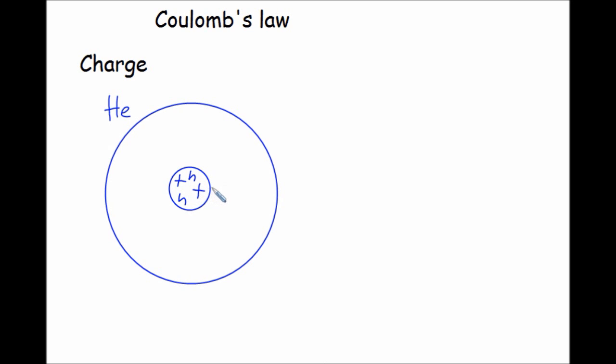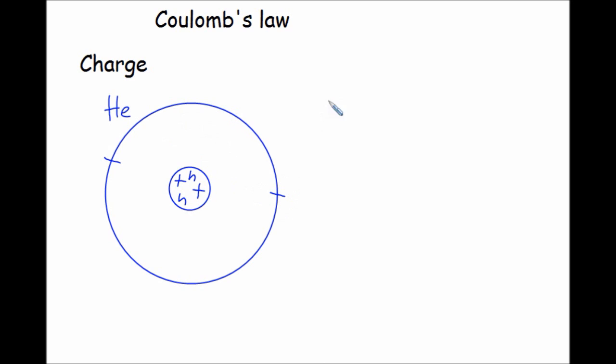For it to be neutral, because now it is positively charged if it has 2 protons, it must also have 2 electrons on the shell, because we said the electrons are revolving outside the nucleus on the orbits that we call shells.